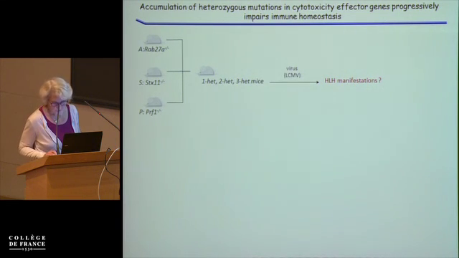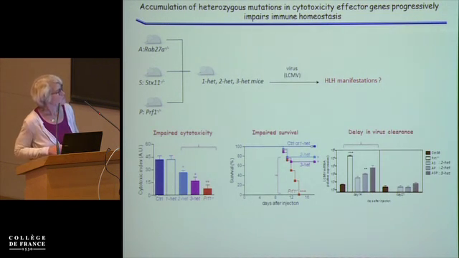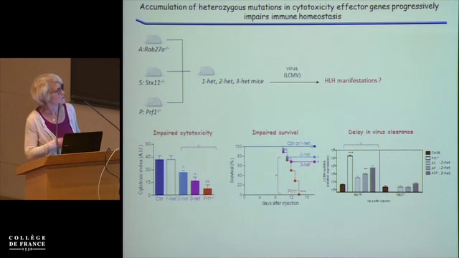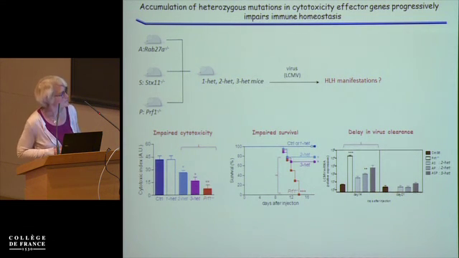And what we observe is that although monoallelic mutation in only one gene has no effect, and we do not see any difference with control mice, cumulative introduction of heterozygous mutation in 2 or 3 genes progressively impaired cytotoxic activity and progressively induced the appearance of immune disturbance like HLH manifestation.